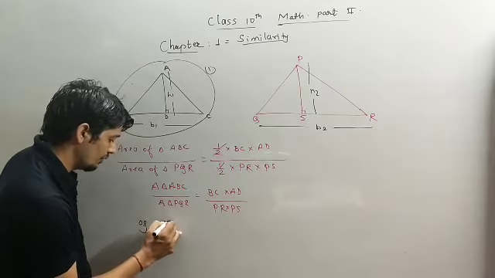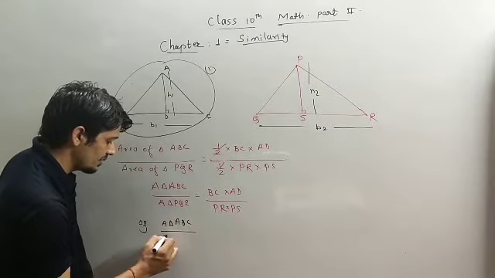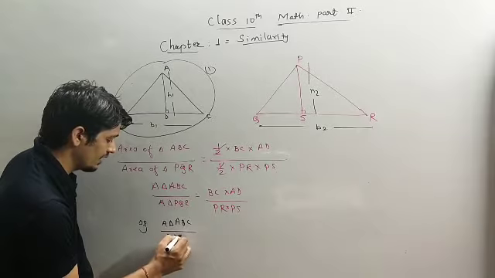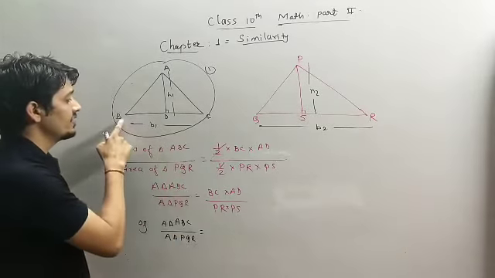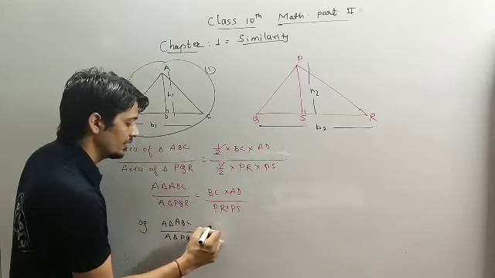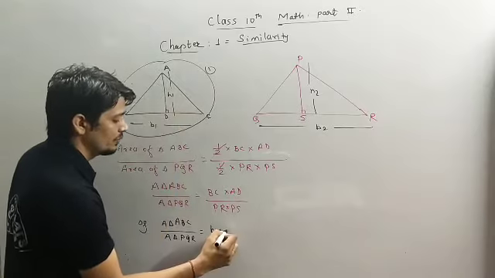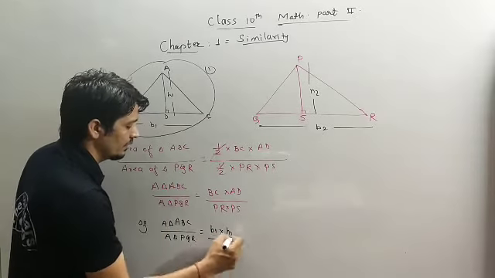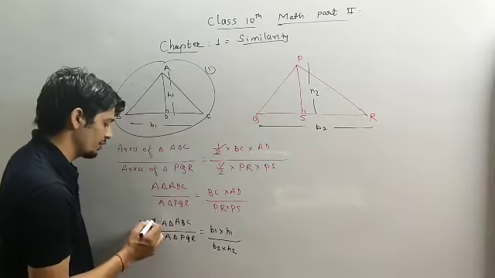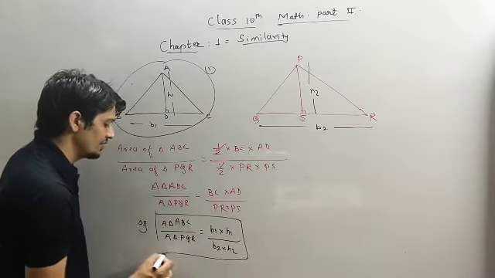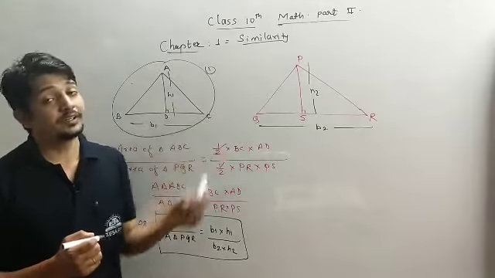Area of triangle ABC divided by area of triangle PQR equals BC, which is B1, into height H1, divided by B2 into H2. So this is the ratio for the areas of two different triangles.